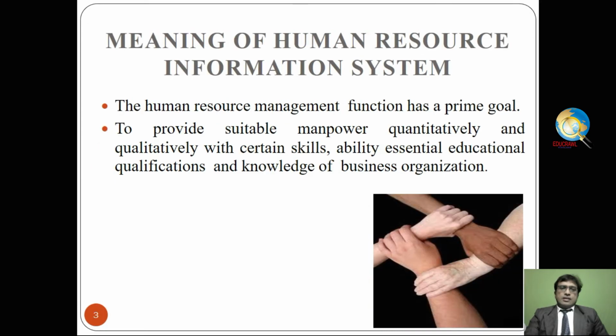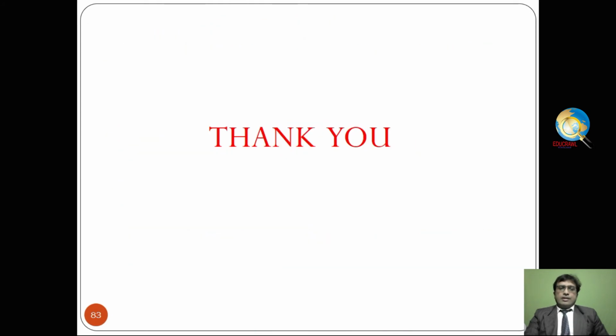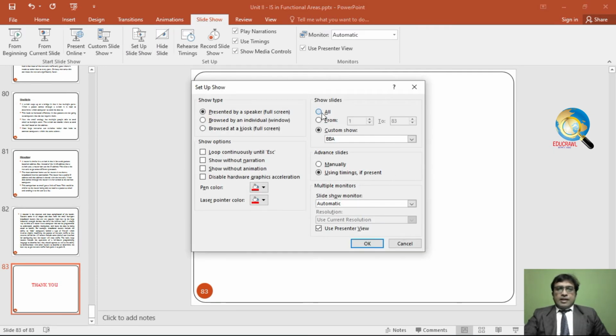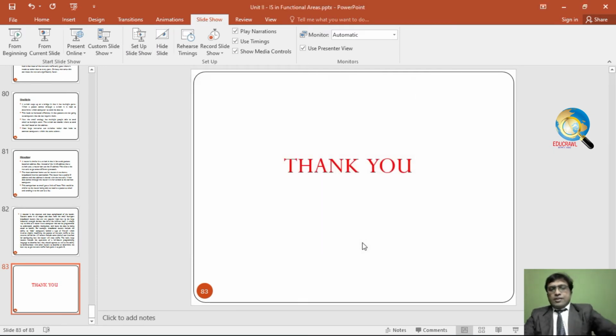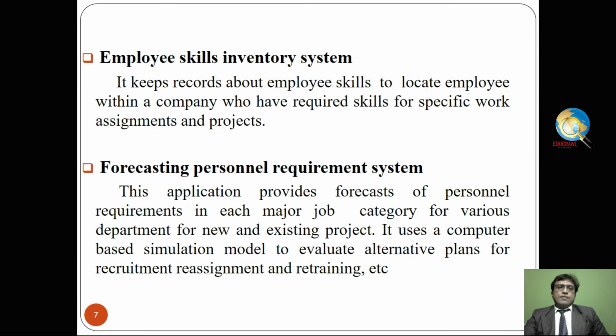You can see here 3, 6, 7, 8, 11, 82 and 83. So like this you can set up here. Okay, once again I'm repeating: slideshow, setup show. If I click all and click OK, if I start the presentation by pressing F5, you can see here all the slides will be visible.